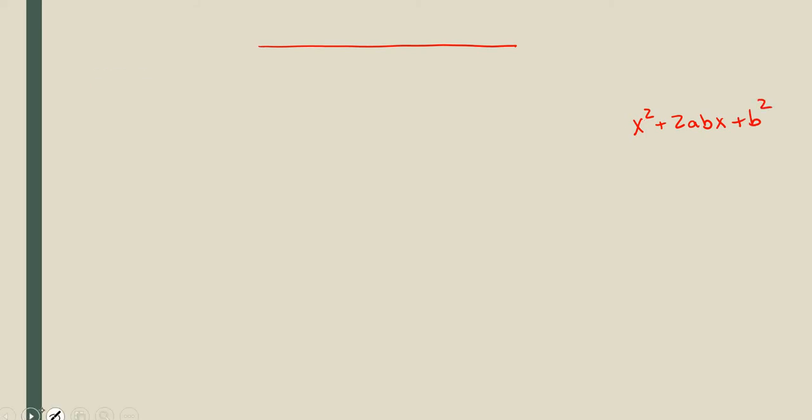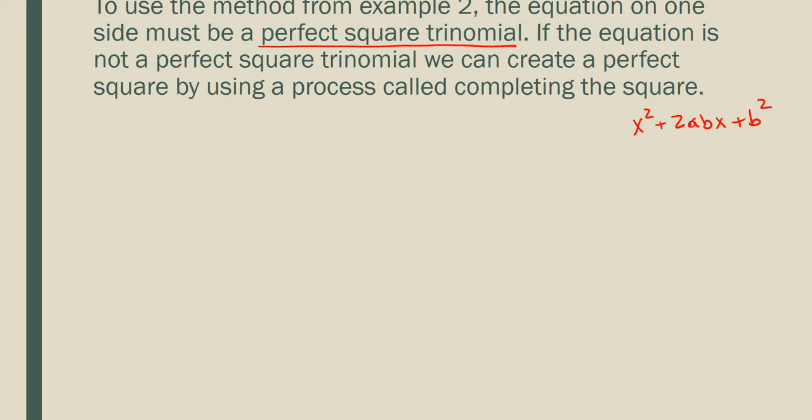Now, the ones that we're going to use, a is always going to be 1. So this is the formula that we need to find in order to have a perfect square trinomial. If the equation is not a perfect square, we can create one by using a process called completing the square.